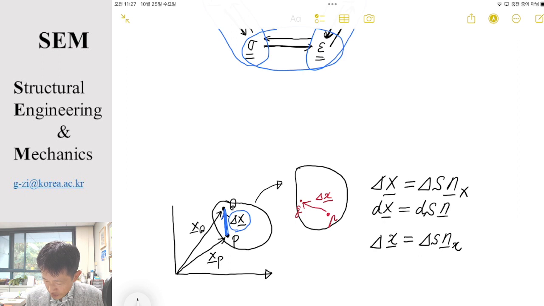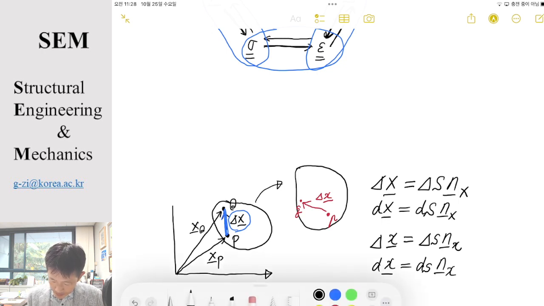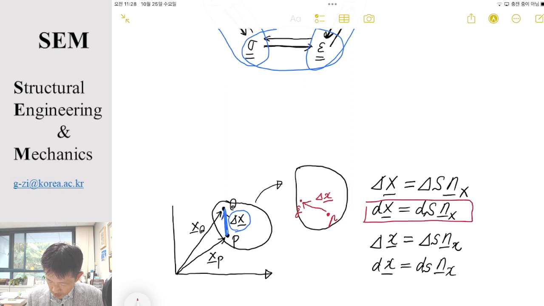And the direction is the same, also here too. Okay? So from now on, let's use this notation, these two notations.